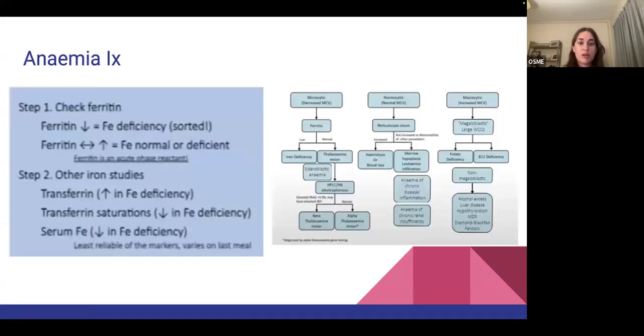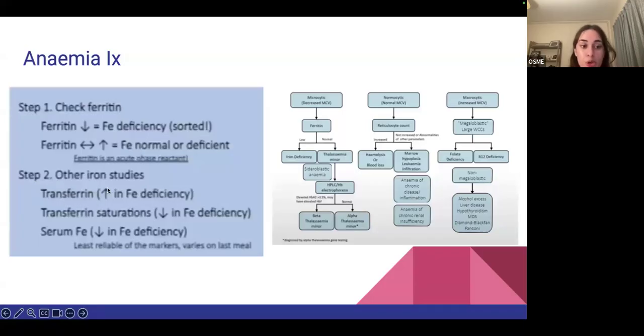So these are just some summary slides for anemia. The first thing you should do if it's an isolated anemia is check the ferritin, and then you look at the other iron studies. Transferrin is a slightly confusing one. Transferrin is a protein that helps move iron around the body.